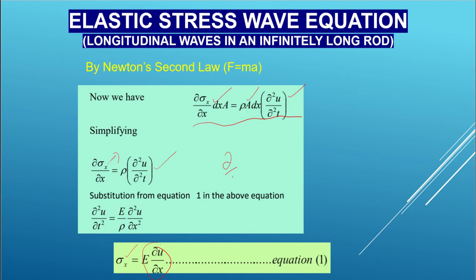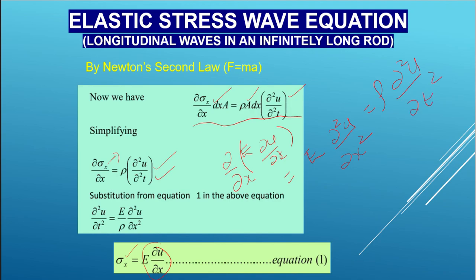Dou by dou x of E into dou u by dou x. What happens then? E can be taken out, and we get E dou square u by dou x square, which is equal to rho into dou square u by dou t square.